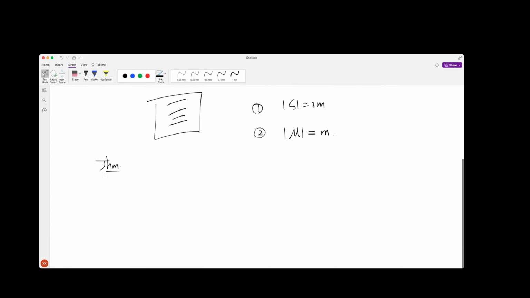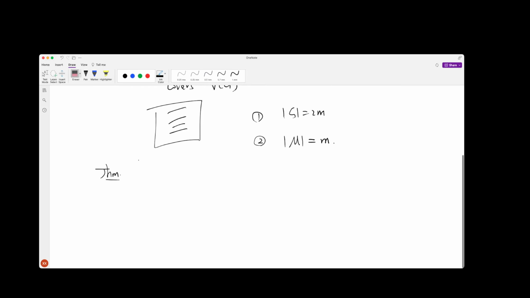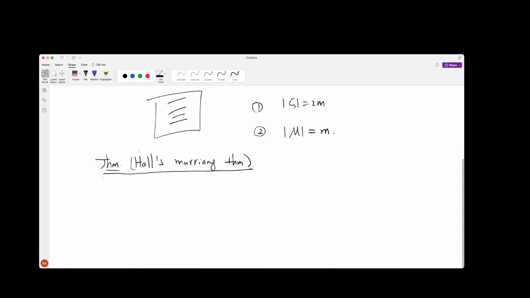I will try to prove this theorem in this first recording. It's called Hall's marriage theorem. So it gives a criterion for a bipartite graph to contain a perfect matching.